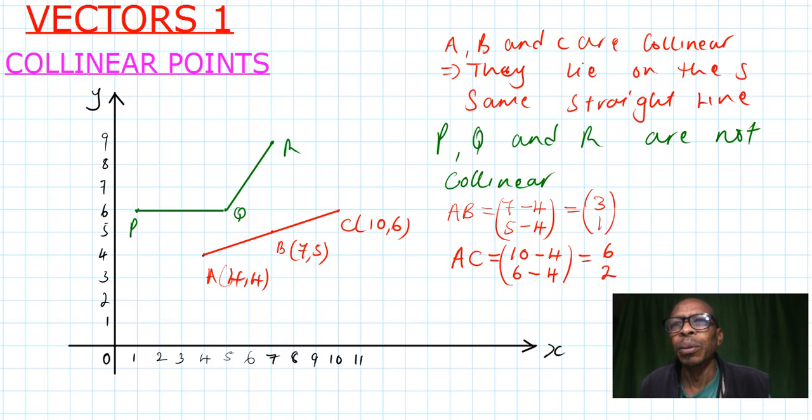So that is the column vector. Now for the column vector AC, we can factor out 2, and you'll be left with 3 and 1.